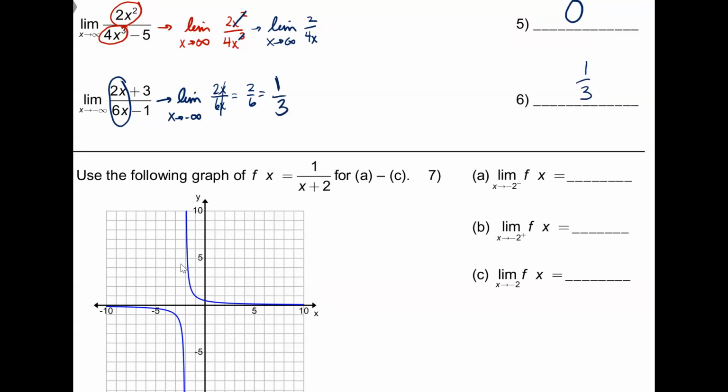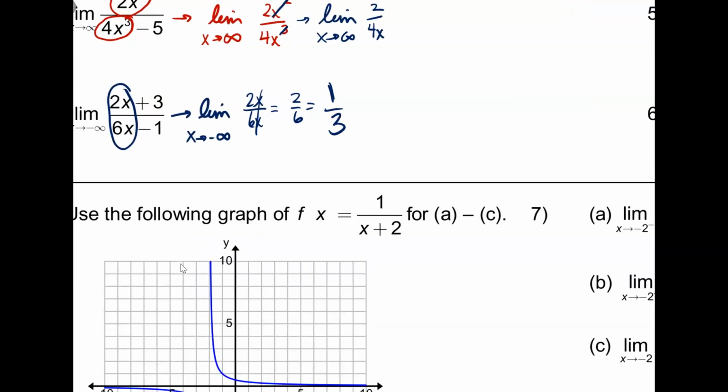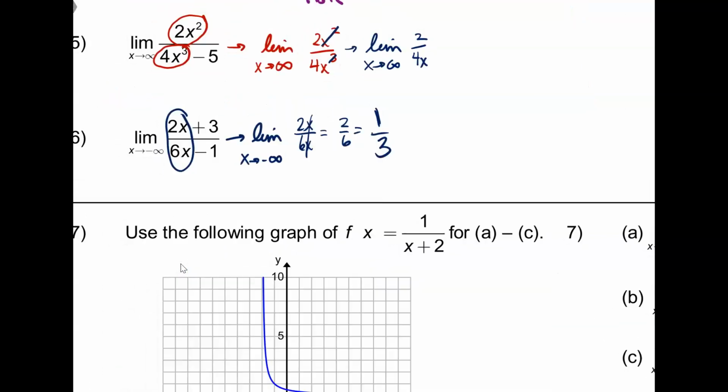If x goes to negative infinity or infinity, does that affect it? It does not. No. Because here you would have a negative over a negative, the negative cancels out, if you have the same exponent degree.